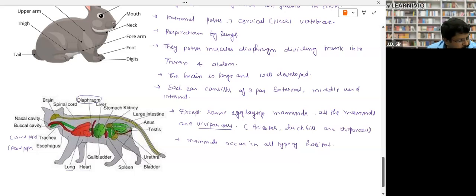Go through your NCERT and let me know if you have a doubt in any word, any line. No, sir. No doubt. Okay. Martin, what about you? No.